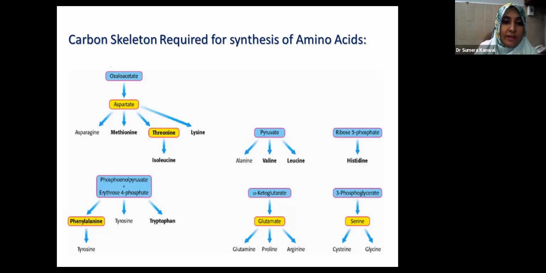So the oxaloacetate, which is the intermediate of TCA cycle, can synthesize aspartate, and from aspartate, asparagine, methionine, threonine, and lysine are synthesized. And threonine can synthesize isoleucine. So oxaloacetate is the carbon skeleton for the synthesis of aspartate, asparagine, methionine, threonine, lysine, and isoleucine.